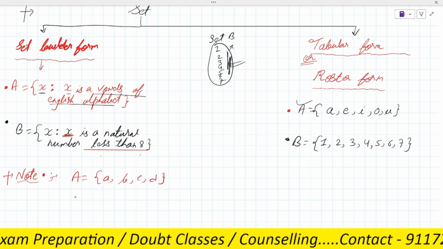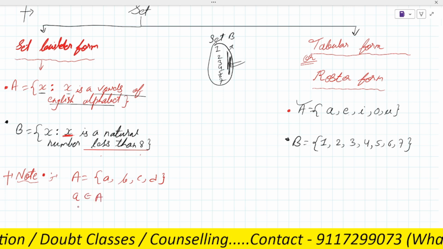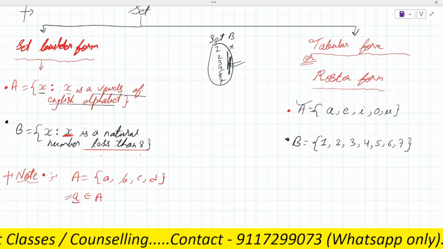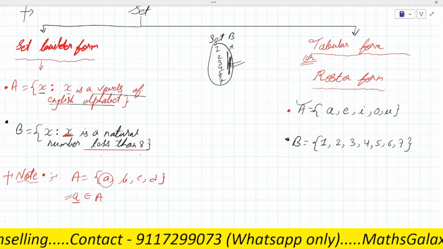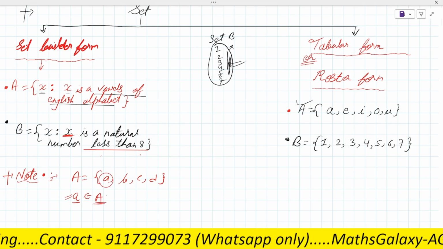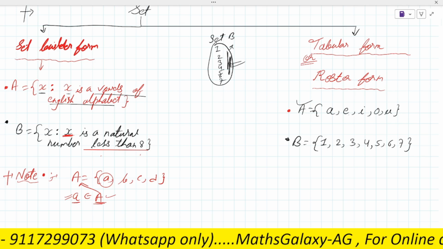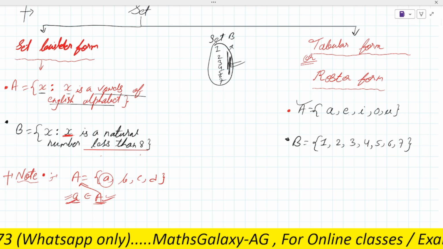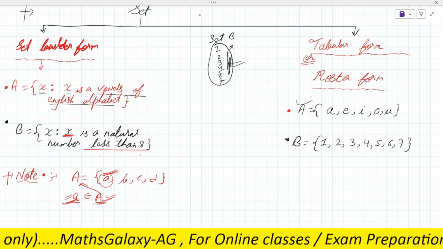If we write a belongs to A, this means the small a is the element of the set A, and the capital A is the set A. This is the notation of the set, and on the left side is the notation of the element.